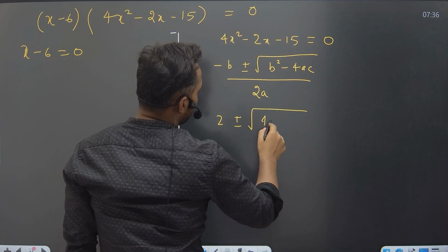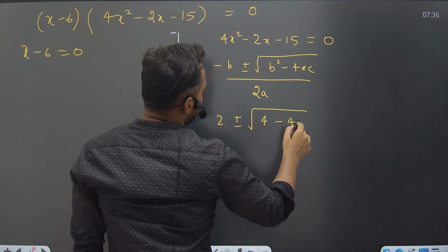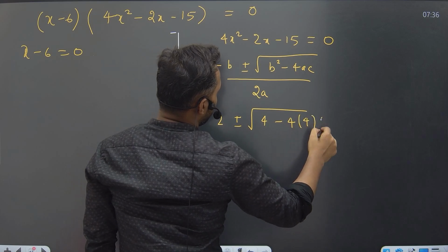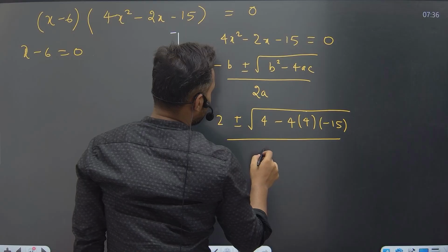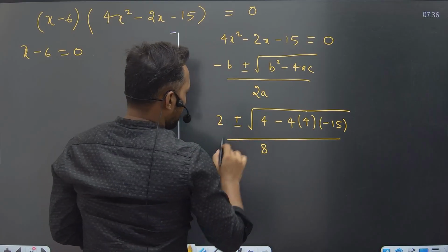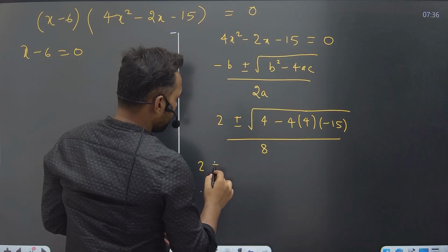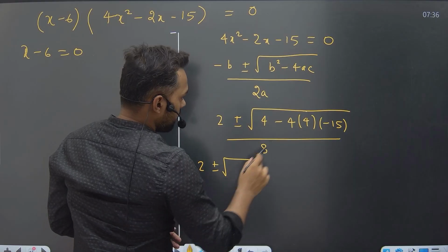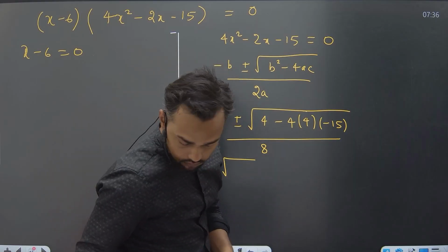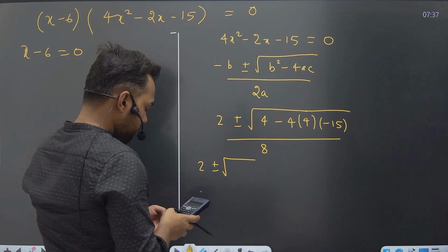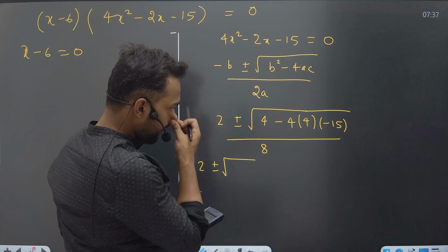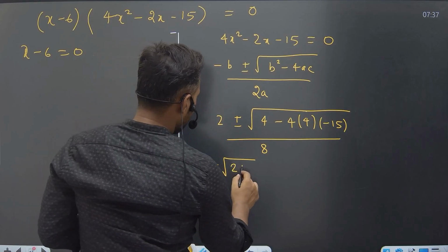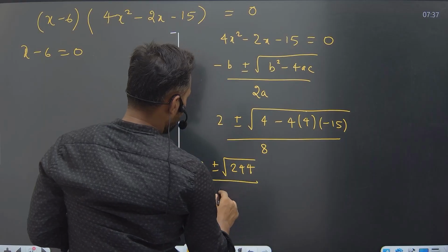So 4 minus 4 times negative 15 in the bracket, upon 2a, that is 8. On simplification you will get 2 plus or minus root of 4 plus 15 times 4, which is 240, so 244, upon 8.